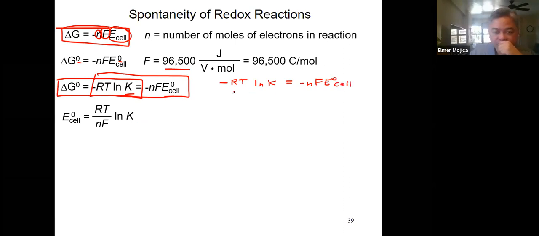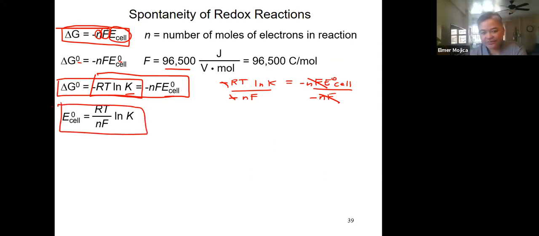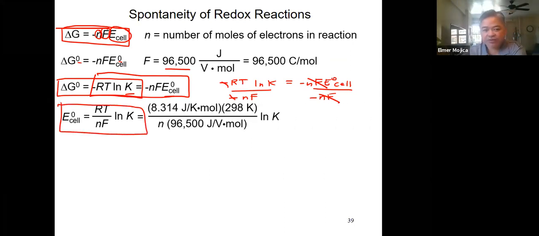We just divide both sides by n and F. Do you see that? So you cancel both signs here, so you end up with this. That's the math there. Okay, and if you're going to put in the values, because these are all standard values, 8.314, which is the gas constant, and 298, and then the Faraday constant, we can have a shortcut like this.